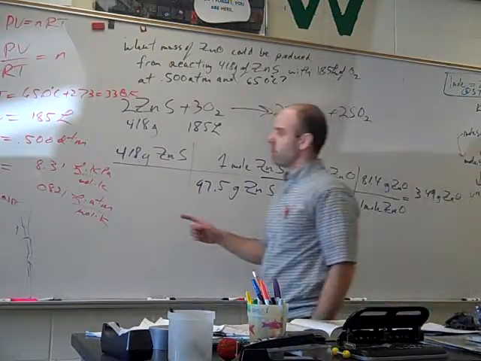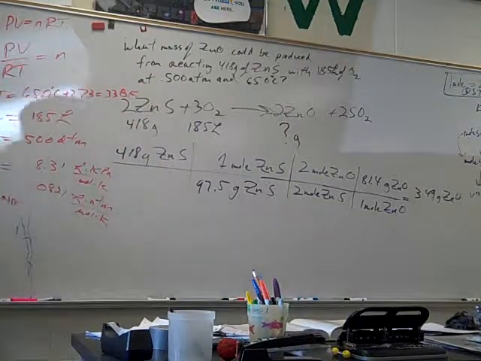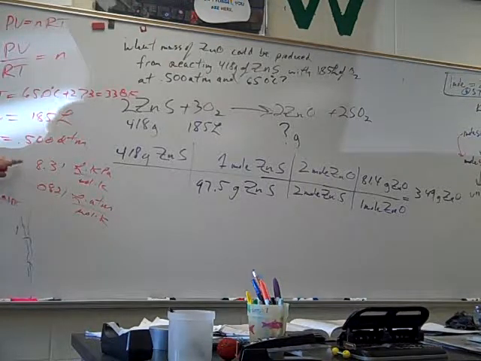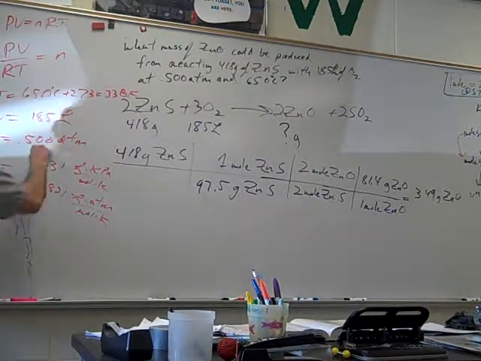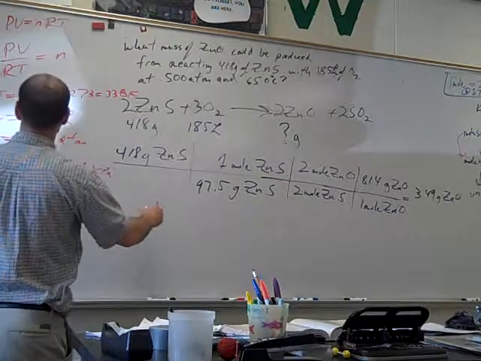So in order to find the moles, we're going to use PV equals nRT. We have our T, we have our V, we have our P. Which R value should we use in this one, Taylor? The second one. Why the second one? Because it has atmospheres and our pressure is in atmospheres. Now we can plug in the numbers.